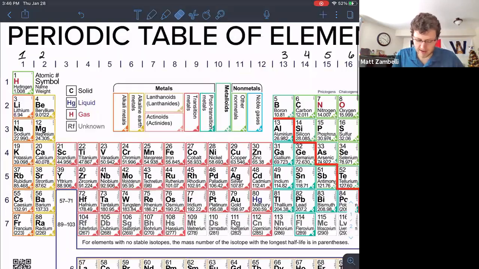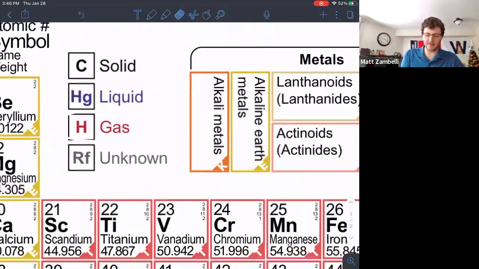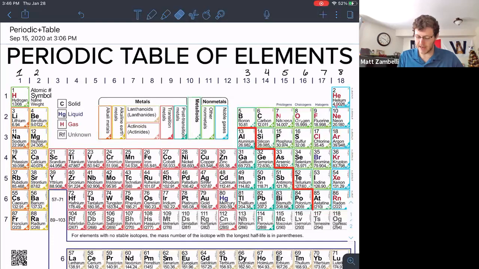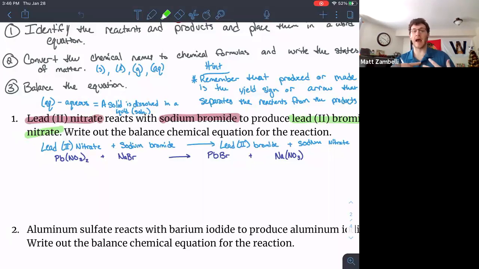Anything in red on our periodic table is a gas, so all these guys up here at the top, these guys right here, and hydrogen are gases by themselves. There's going to be another place we look, especially when we're talking about compounds, to determine what state of matter we're in.